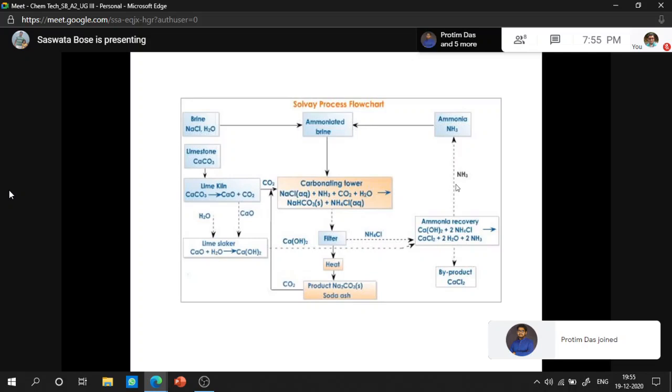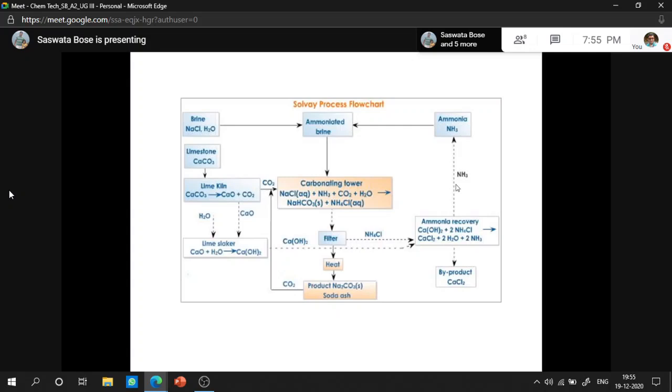If you consider the residue of the rotary filter, the liquid contains ammonium chloride. On heating the solid residue, you get sodium carbonate, the soda ash. The solids from the rotary filter are calcined at 200 degrees centigrade in a gas fired or steam heated calciner to get soda ash as the final product.